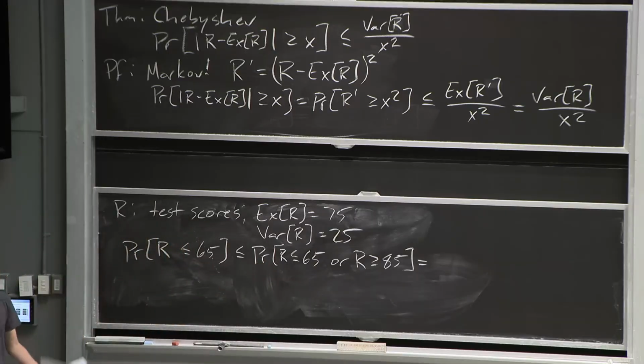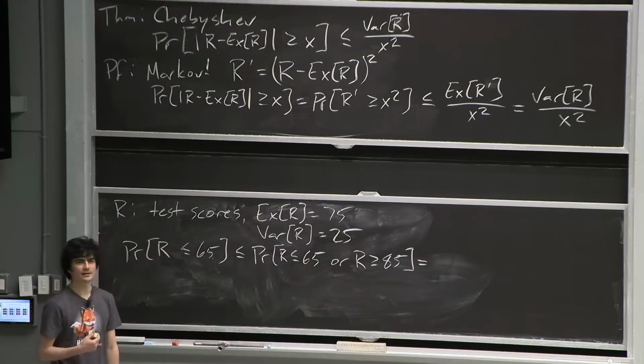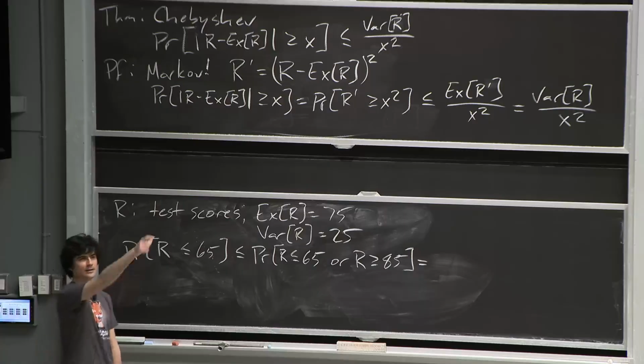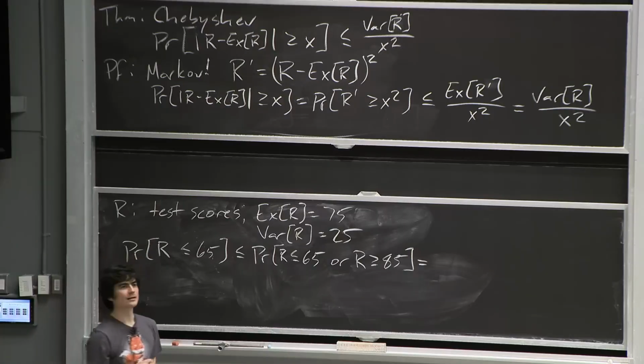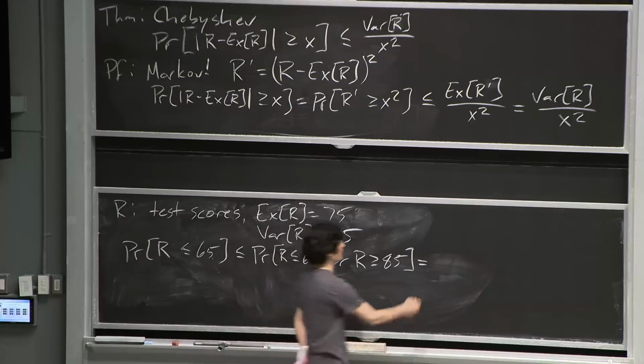How could we rewrite that in a nicer way? Exactly. So this is just saying R deviates from its mean by at least 10.